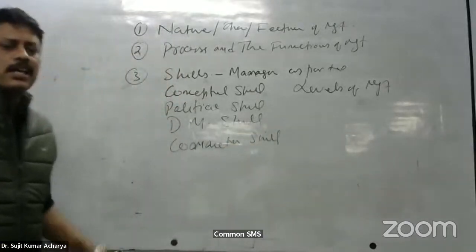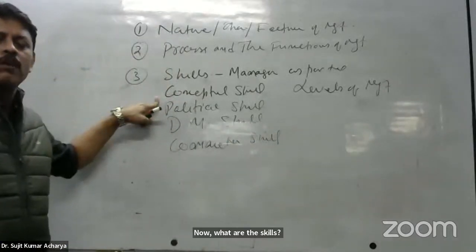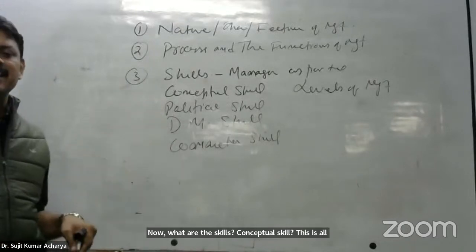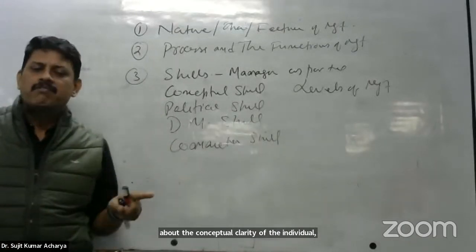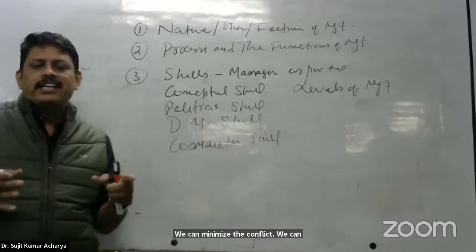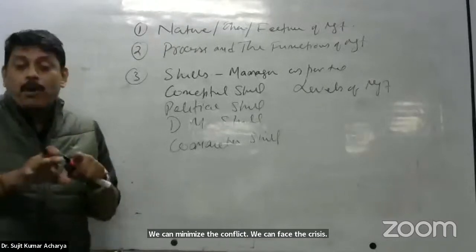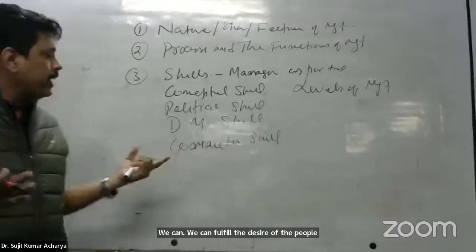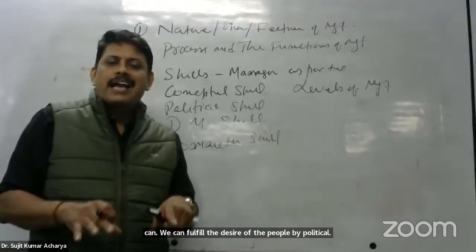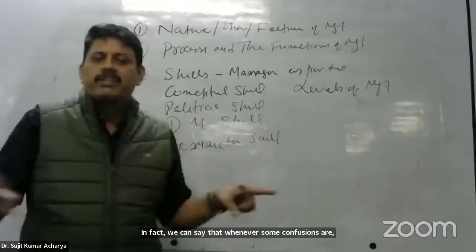Conceptual skill is all about the conceptual clarity of the individual. Political skill: with that skill we can minimize conflict, we can face a crisis, we can fulfill the desire of the people. Whenever some confusions are there, with such a skill, at the initial stage, we can resolve the conflict.